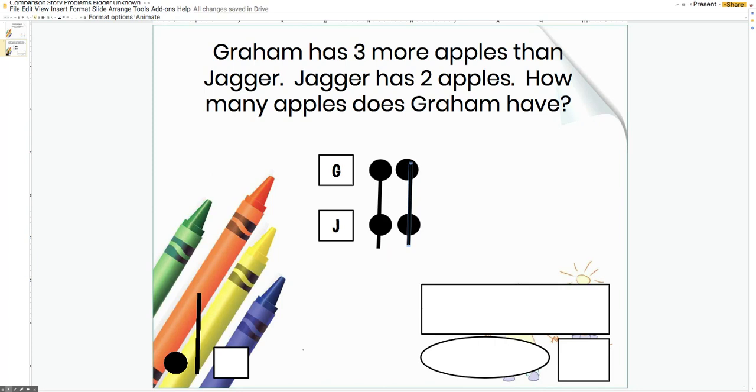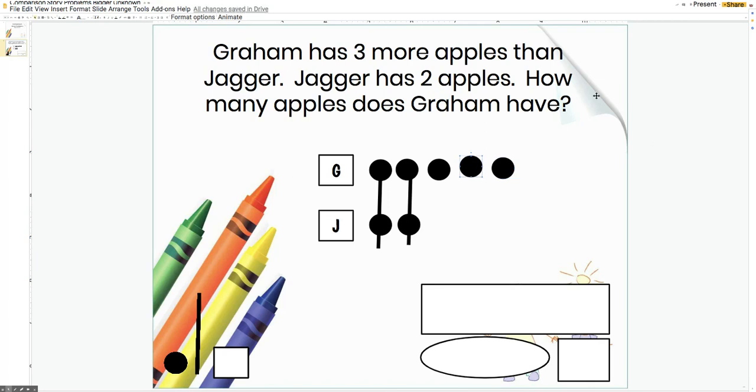So that's what they have that are the same, right? But it says Graham has 3 more or 3 extra apples. So I'm going to bring up 3 more apples. Because these are the extra apples he has. These are the ones that are more than what Jagger has. So there's the 3 extra or the 3 more apples.